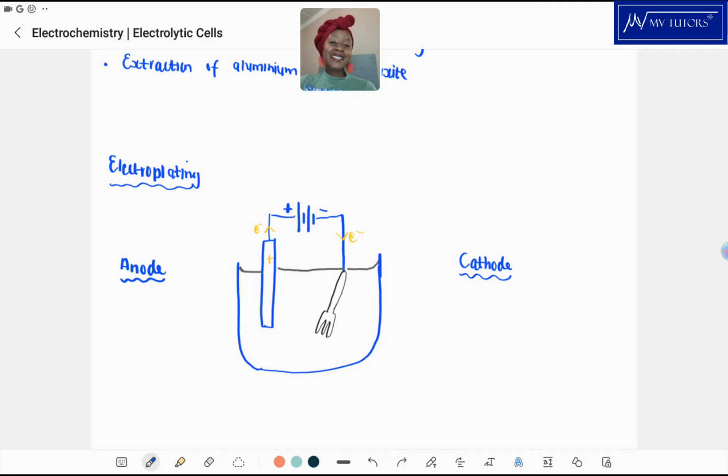That's basically what you use electroplating for. Here I'm going to go with silver in this example. The anode is solid silver.